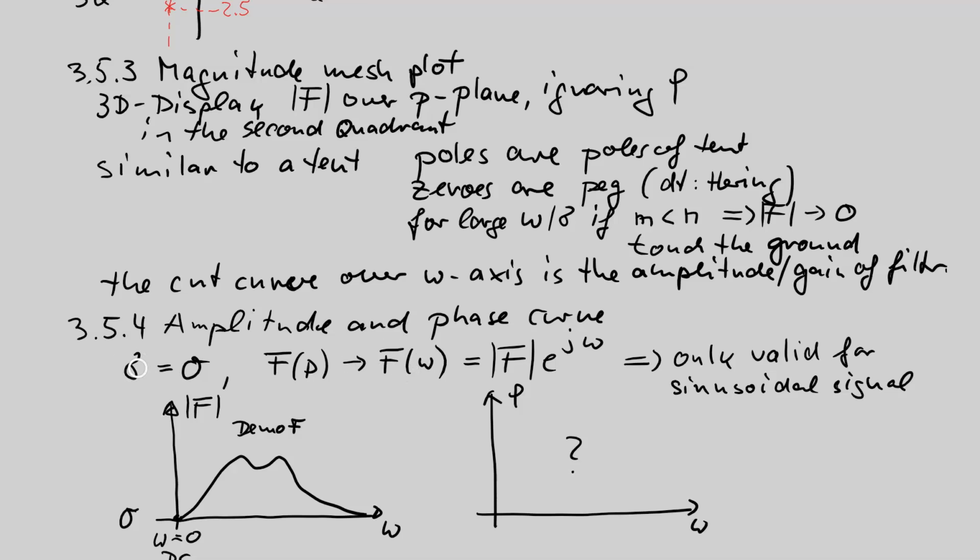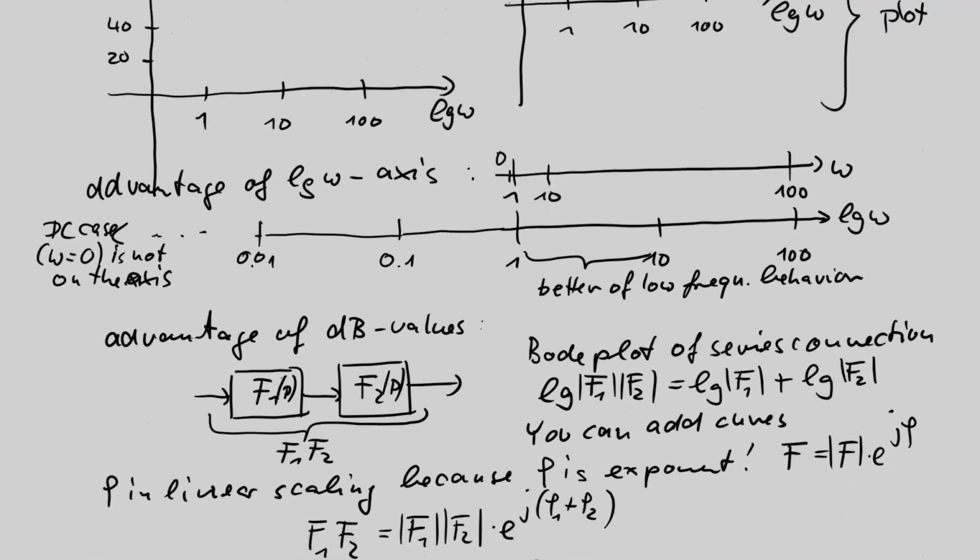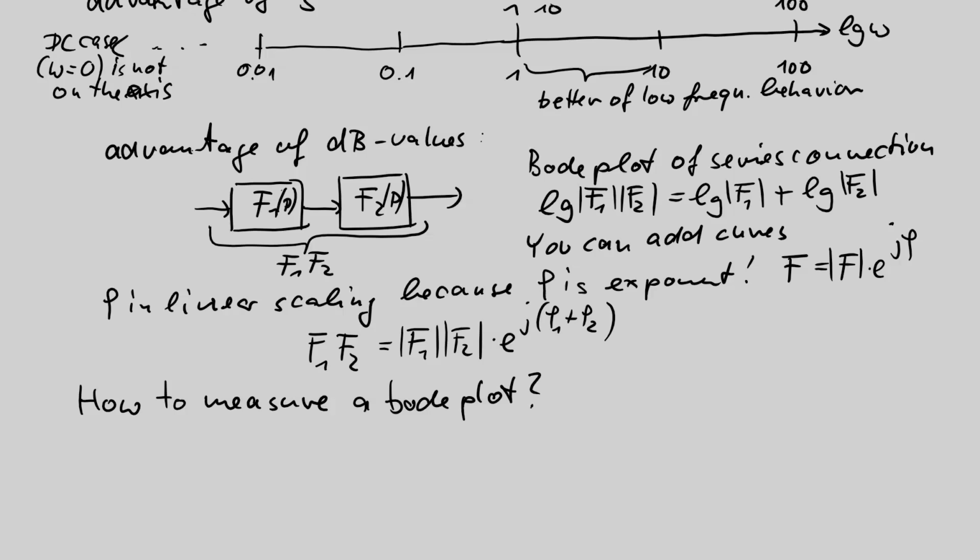We ignore sigma, so we just work now with the frequency response, and the frequency response deals with sinusoidal signals. You can measure this with a sinusoidal generator, a sinus generator, plus a scope.